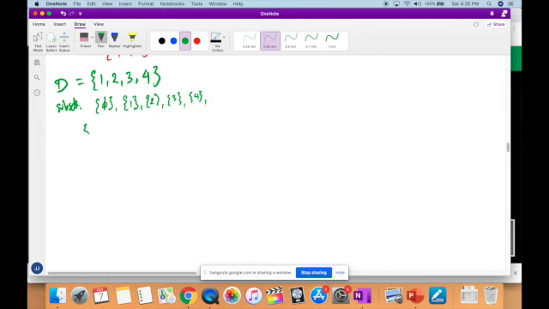Yeah, I have the double digit subsets, right? So that is 1 and 2, right? 1 and 3, 1 and 4. Then I have 2, 3, 2, 4. You notice I'm not going to count 2, 1 because we already have 1, 2 and order does not matter, right?